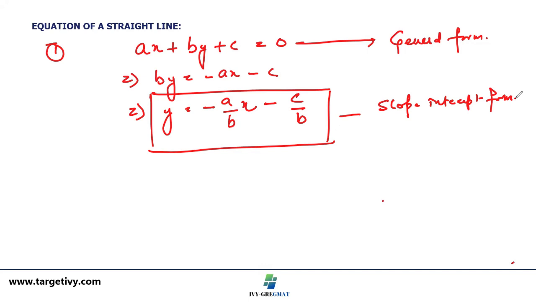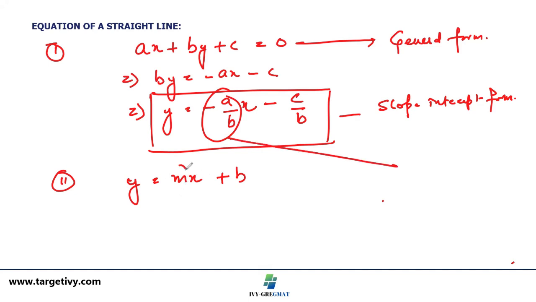For our convenience, we have generated something where y is equal to mx plus b, because this m is called the slope.